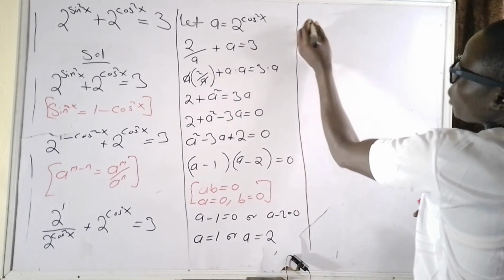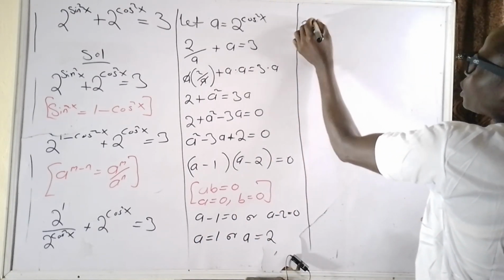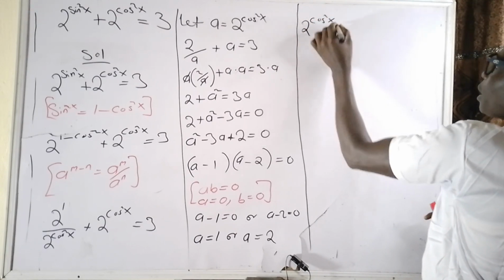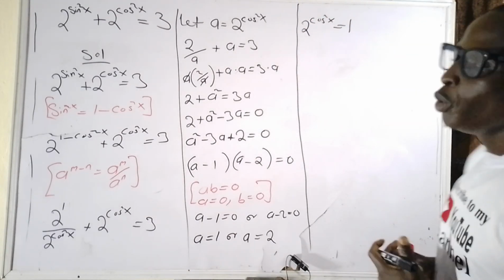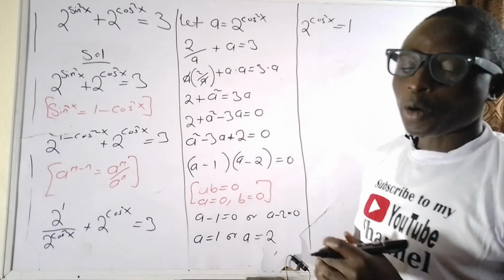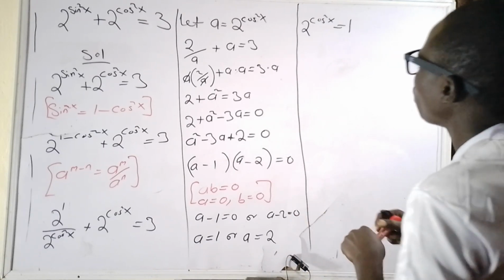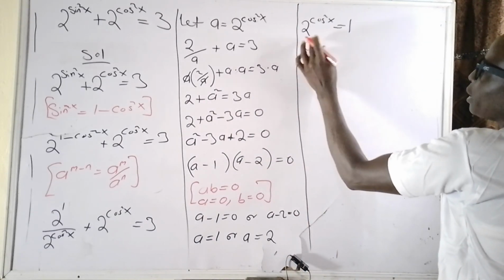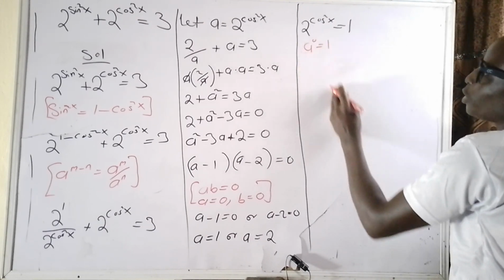So if a is equal to 1, that means 2 raised to power cos square x will be equal to 1. And we know that any number raised to power 0 is equal to 1. In our law of indices, we know that a raised to power 0 is equal to 1.